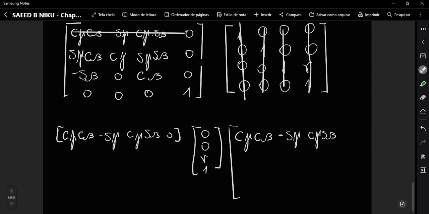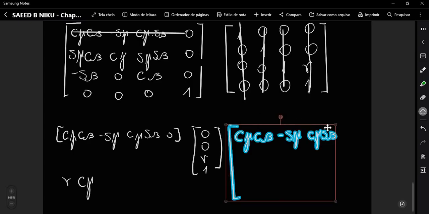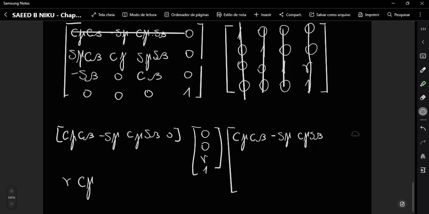So is r times cosine of gamma, sine of beta.